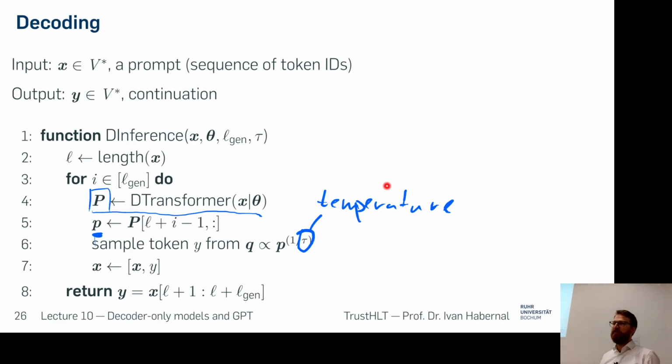This is interesting. If you randomly sample from a distribution, every time you repeat it, and if you add another random seed, you will end up with a different sequence. That's why if you ask ChatGPT about things, you don't always get the same thing for the same input, because there's randomness, and it's in the sampling here.